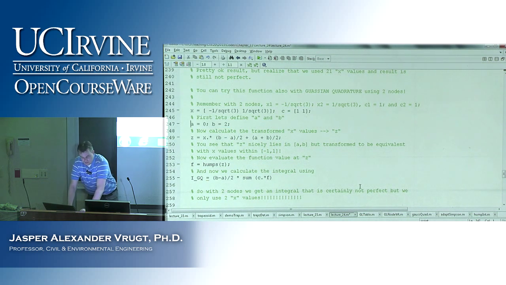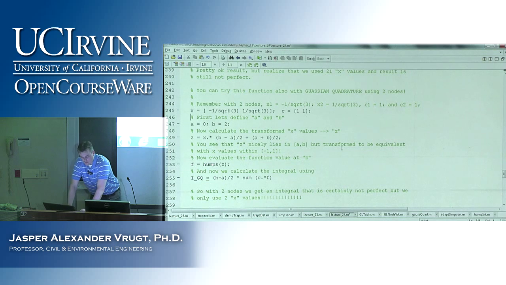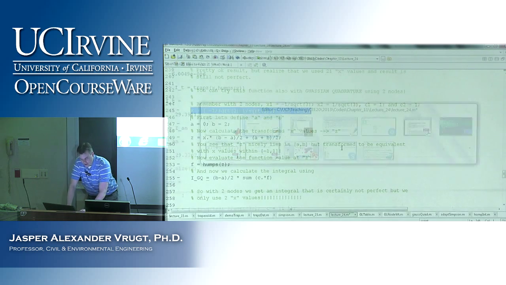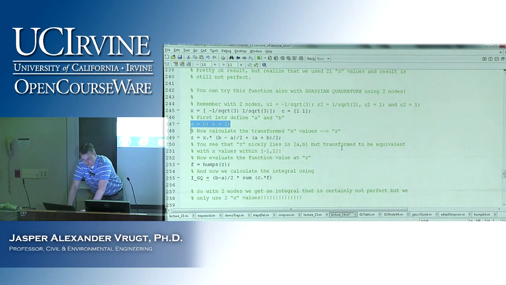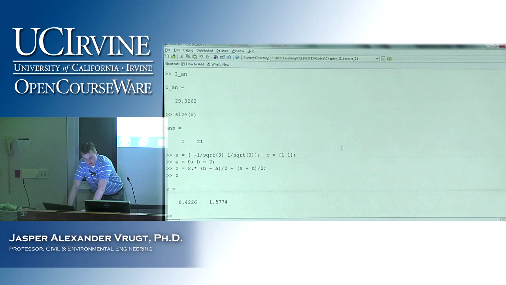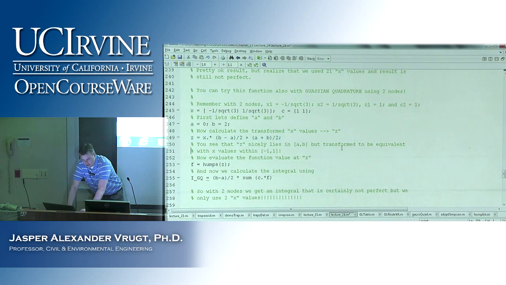Because our function is between 0 and 2 instead of minus 1 and 1, once we have the x values, we need to scale them linearly from the domain minus 1 to 1 to the domain 0 to 2. That's what we do with this rule. So now we have the z values which are between 0 and 2, whereas x was between minus 1 and 1. Just a linear transformation.